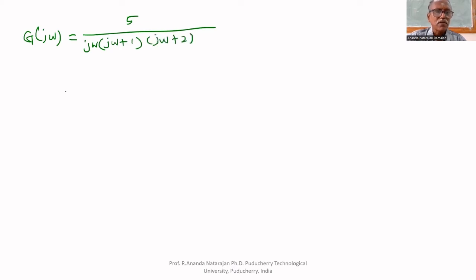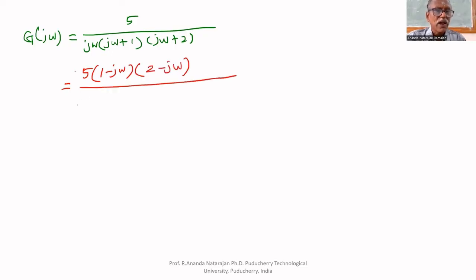So multiply the complex conjugate on both numerator and denominator. What you will get: 5, the complex conjugate of this is 1 minus j omega, and for this 2 minus j omega.